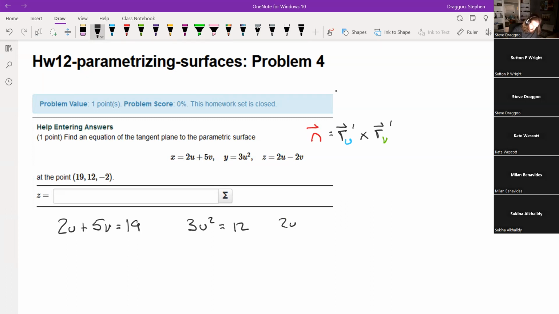And 2u minus 2v is equal to -2. Those are my three equations, and I need to solve them for u and v. So system of 3 equations, solve for my 2 variables.